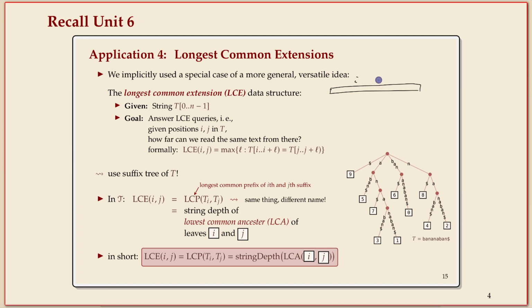We have 2 positions, i and j. And then we ask how many positions, starting at these 2, can I move to the right and see the same string. So I want these 2 green parts to be the same, and then at the next position they differ. And then the longest common extension was the length of this green part.